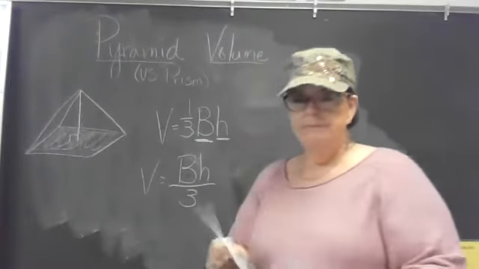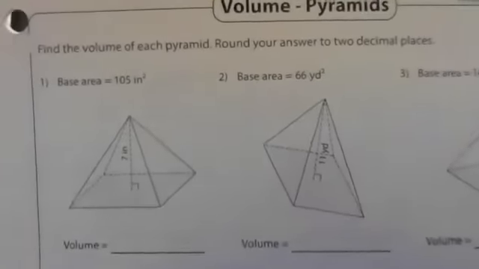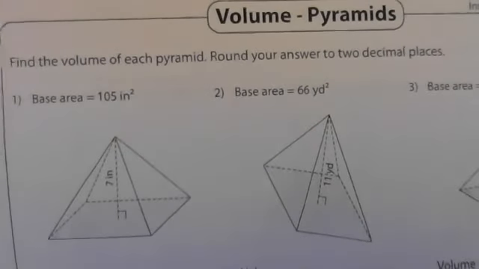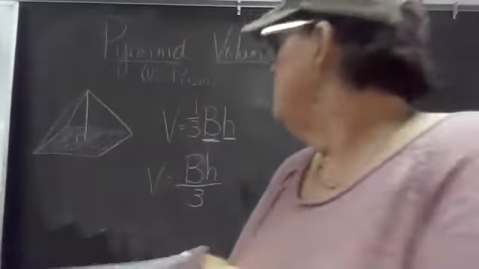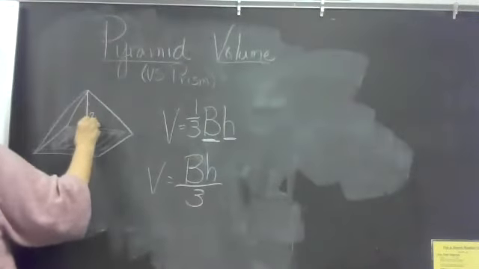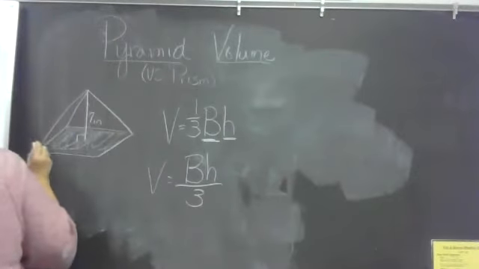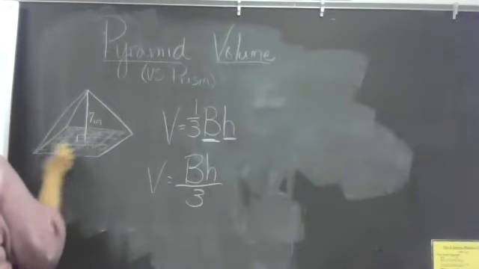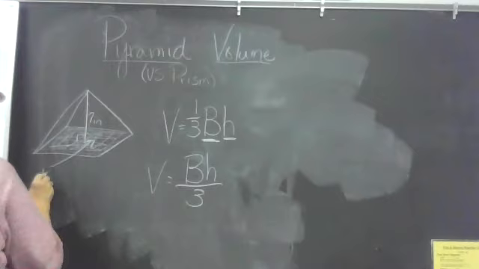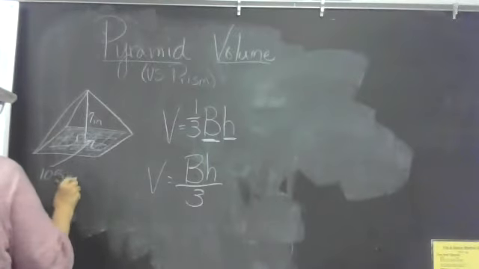Let's look at number 1. We're in the new packet that you should have gotten in your email. And just like they did in the last packet, they're going to start you off slow. So number 1 already figured the area of the base for you. The height, it says, is 7 inches. And it already said that the area of the base is 105 inches squared.